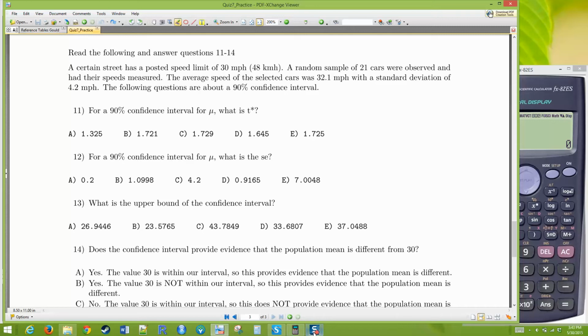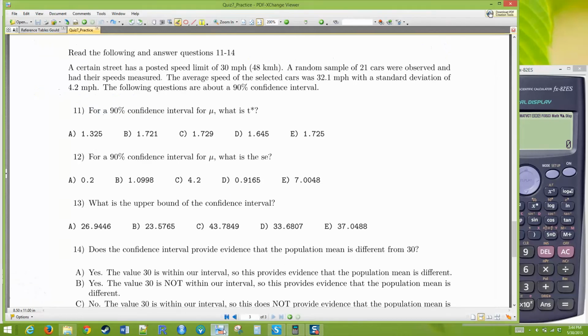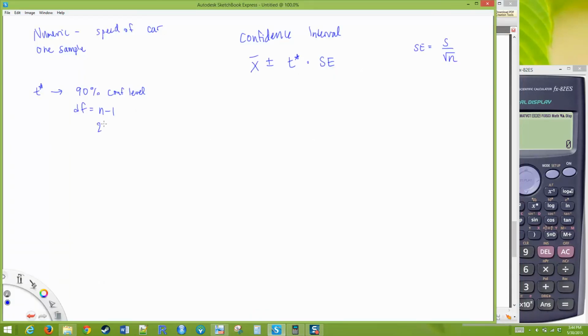So our critical value, t star, is going to depend on our 90% confidence level and our degrees of freedom, which is equal to n minus 1. If we read the problem, it says I've selected 21 cars, so I'm going to have 21 minus 1, 20 degrees of freedom.